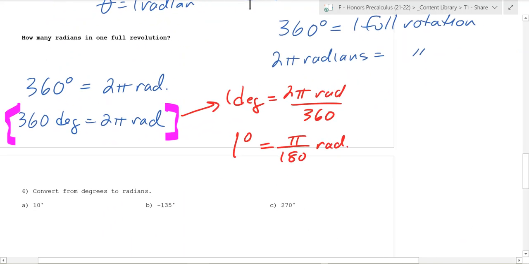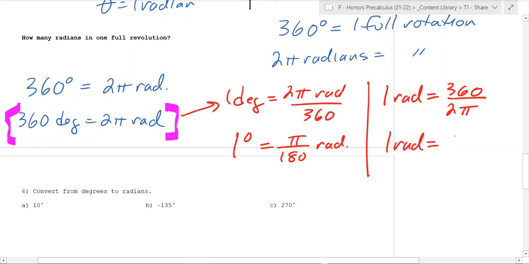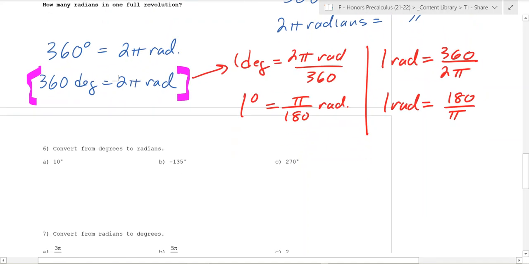And then similarly, if you divide by 2 pi, you end up with 1 radian is equal to 360 over 2 pi. So that's 1 radian is equal to 180 over pi. And we can use this to convert between the two things. If you're given radians, you can just put it in degrees and vice versa.